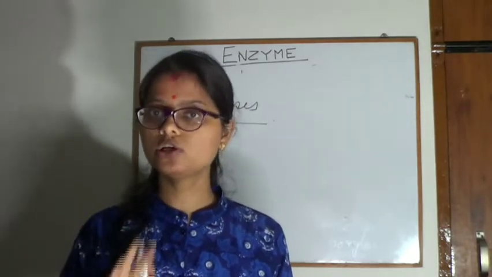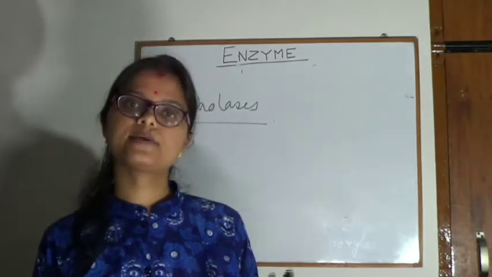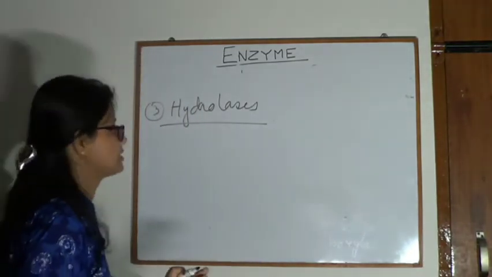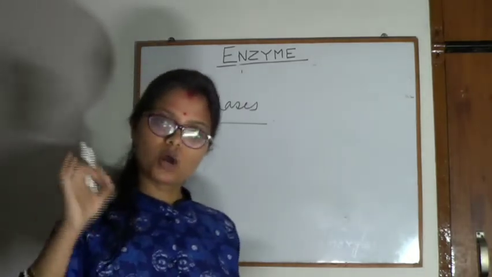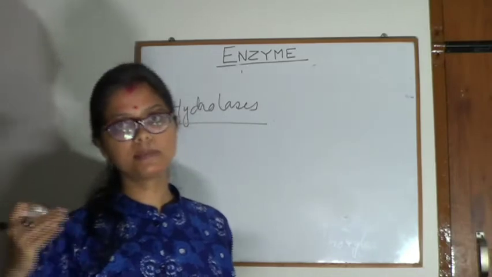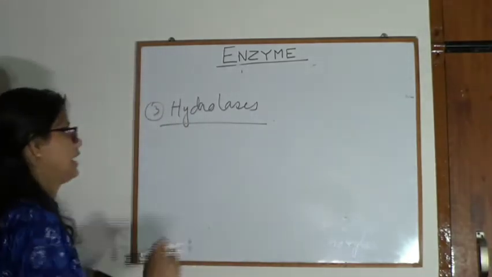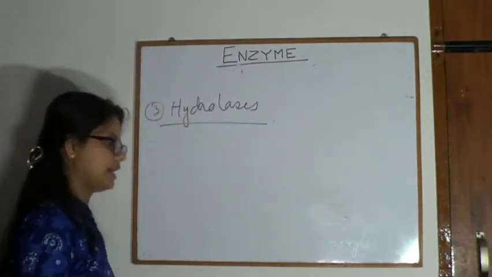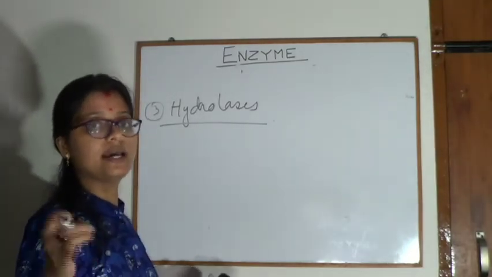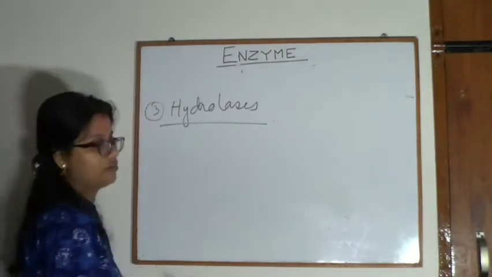When we must add a water molecule to hydrolyze the substrate, then the enzyme is known as hydrolase. The enzyme which helps in hydrolysis of the substances by adding a water molecule.